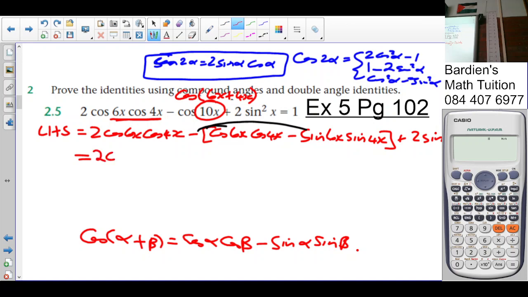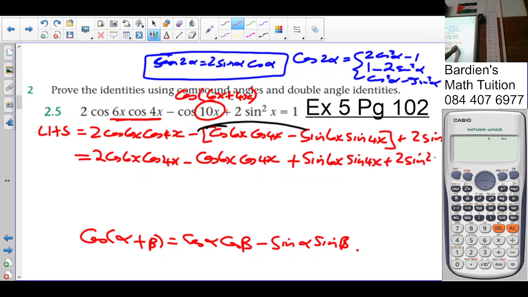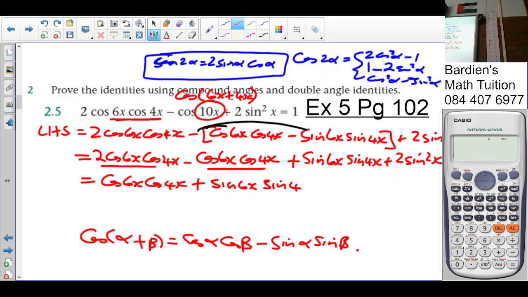So I will have 2 cos 6x cos 4x minus cos 6x cos 4x plus sine 6x sine 4x plus 2 sine squared x. Of course those are like terms. Becomes cos 6x cos 4x plus sine 6x sine 4x plus 2 sine squared x.